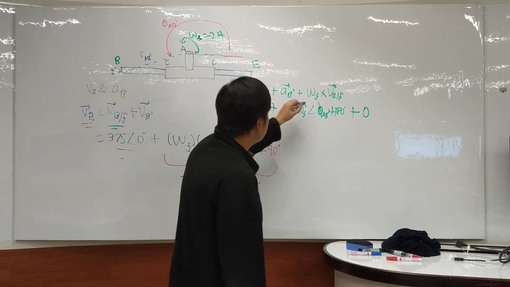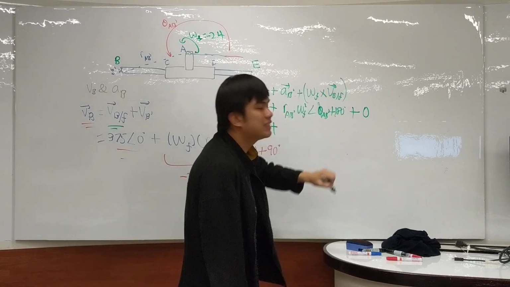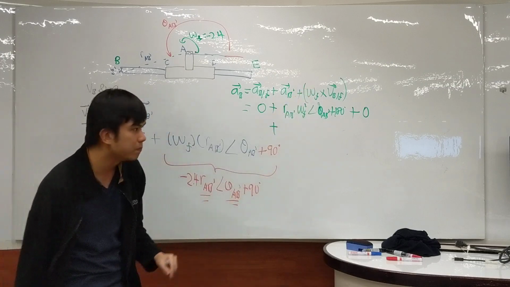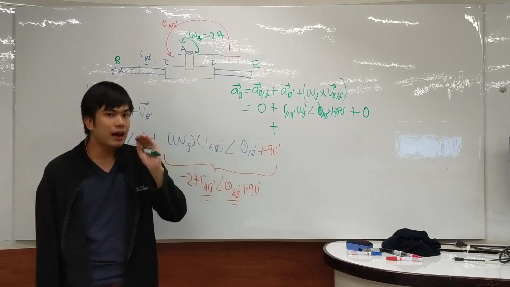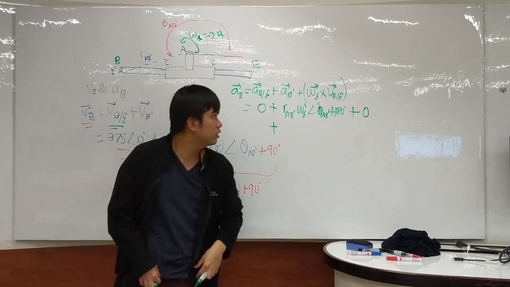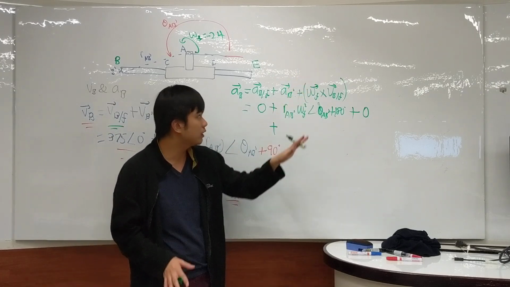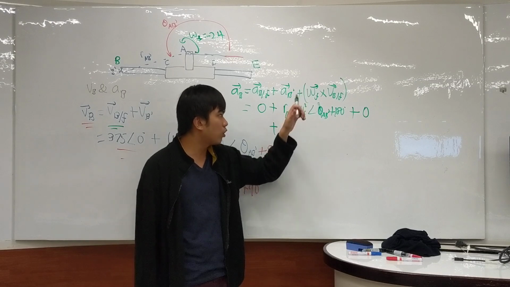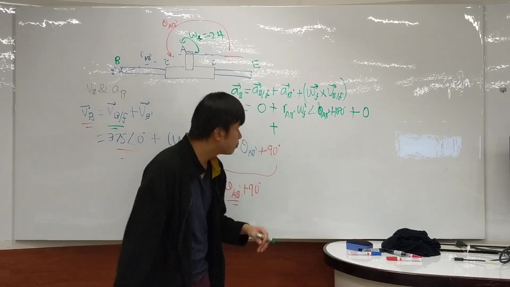Now, for this term, omega F cross V B slash F, how do you evaluate this term? You can do it the hard way, by doing the cross product. But today I'm going to introduce you to a simple way of doing omega F cross V B slash F. Now, please listen carefully.